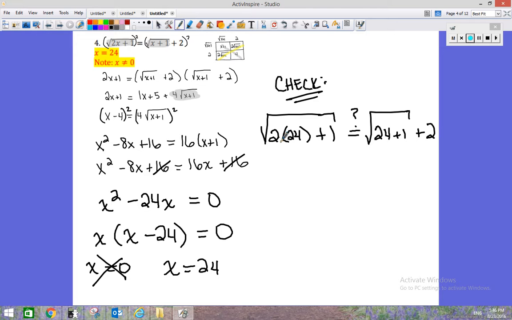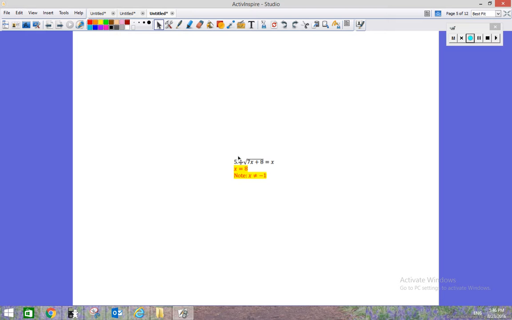Okay, so if I double 24, I get 48, and 48 plus 1 is 49, and the square root of 49 is 7. And on the right hand side, 24 plus 1 is 25, and the square root of 25 is 5, and 5 plus 2, hey, that's 7. So these guys are equal, and this 24 is in my solution set. Let's take a look at the next one.